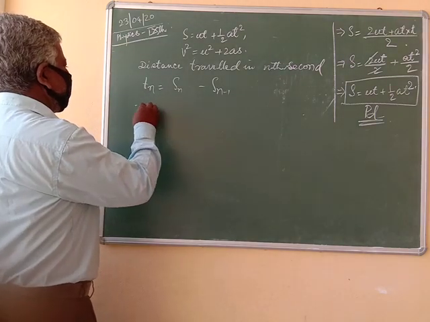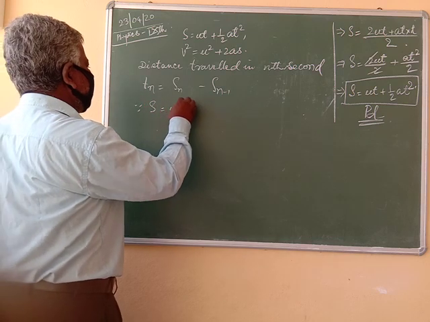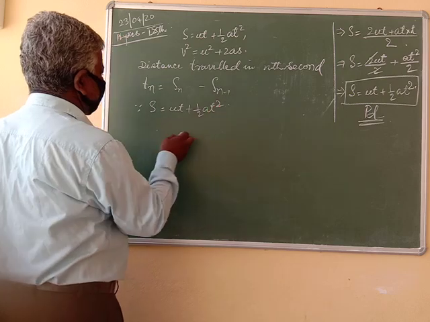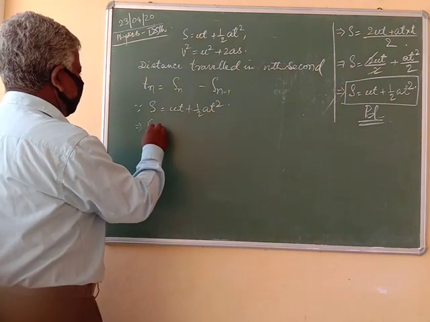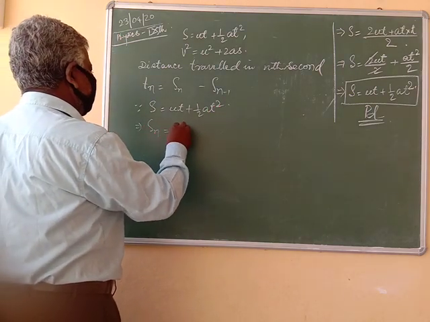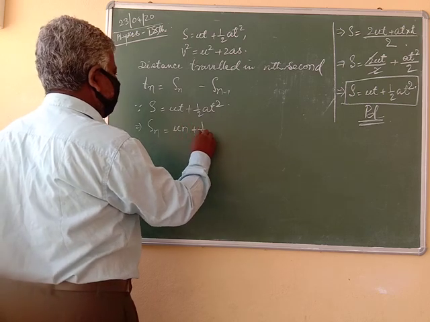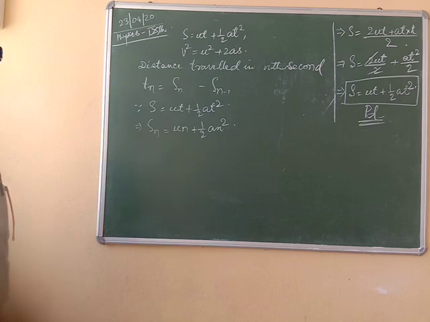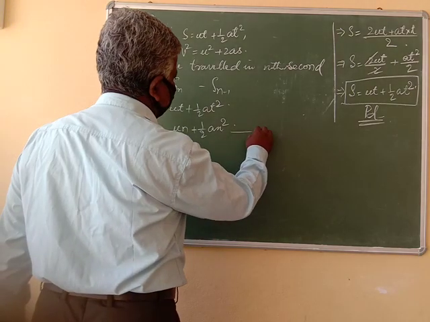Now as we know, s is equal to ut plus half at square, or Sn is equal to un plus half an square. This is the first equation.